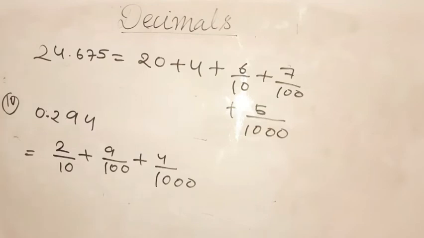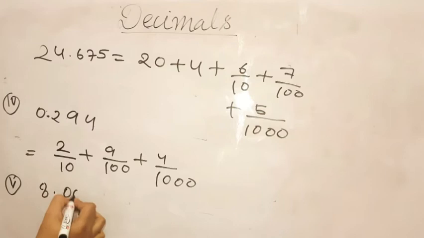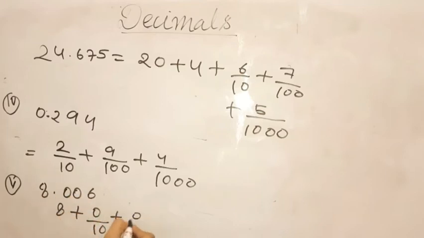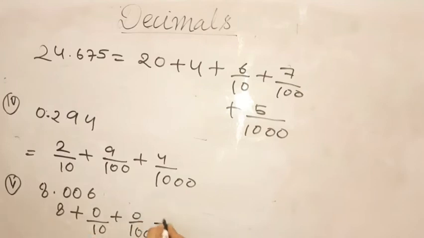Now in the same way, moving on to the fifth one, the fifth option is 8.006. So it will be 8 plus 0 upon 10 plus 0 upon 100, since 0 upon 10 is also 0 and 0 upon 100 is also 0. So if you are not writing these two, then also your answer is correct, plus 6 upon 1000.